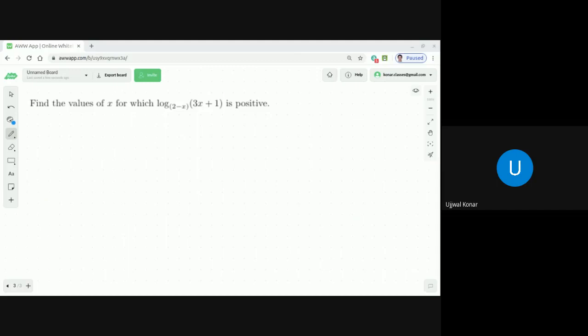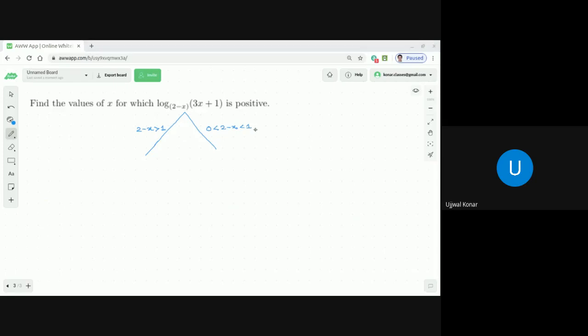So this is derived by the value of 2 minus x. If 2 minus x is greater than 1, it is one case. And if 2 minus x is between 0 and 1, it is something different.